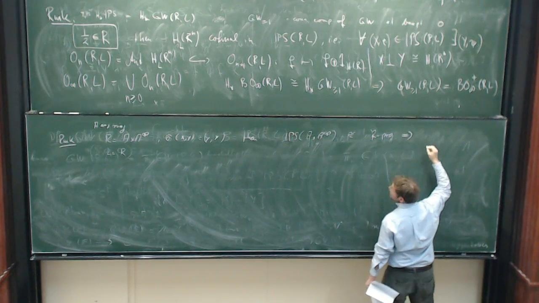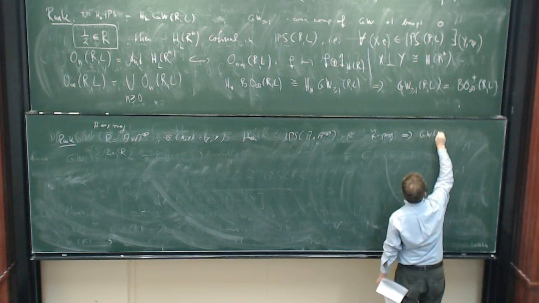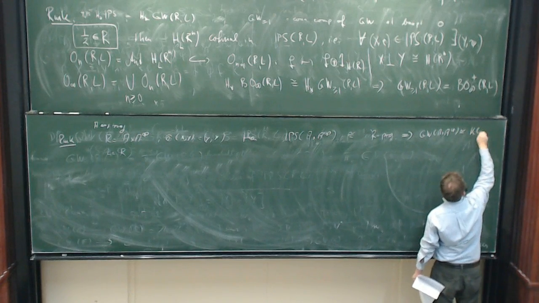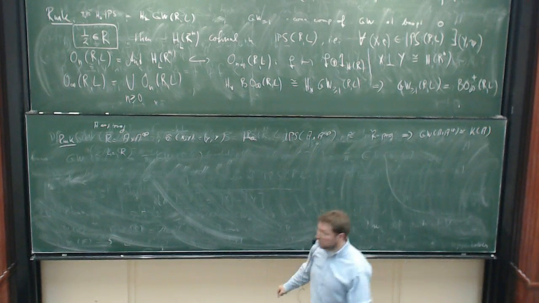And so that tells you that in this case the Grothendieck space is just the same as the K-theory space of A. It's also immediate from the definition.